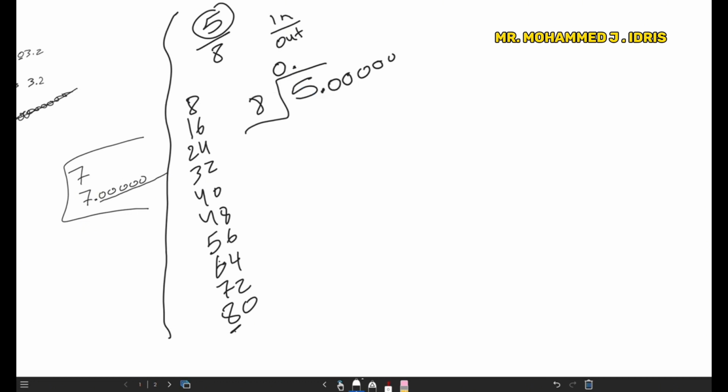نفتح decimal point on top. So instead of 5 I'm taking 50 now. Where do I find 50 in here? I don't have 50 in here. ما عنديش رقم 50 هنا لكن عندي ال 48 which is the closest to 50. ال 48 هذه which comes from 1 2 3 4 5 6 which comes from 6.